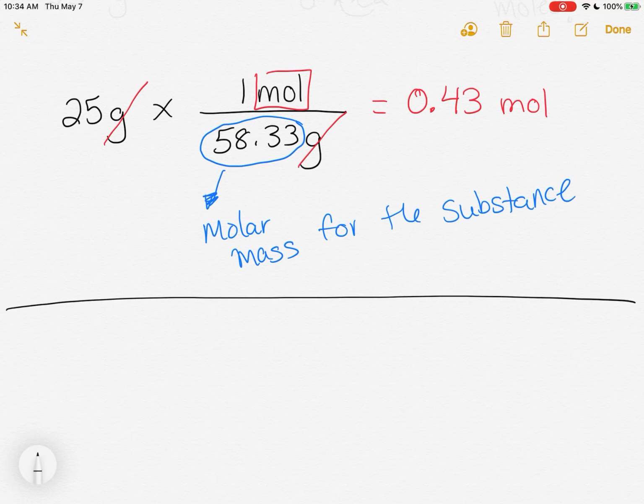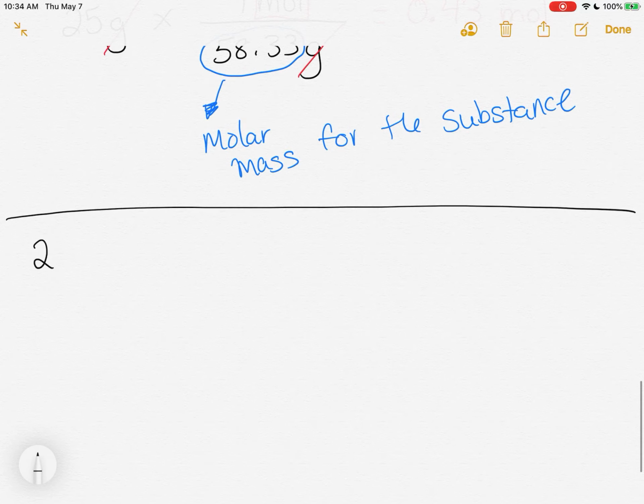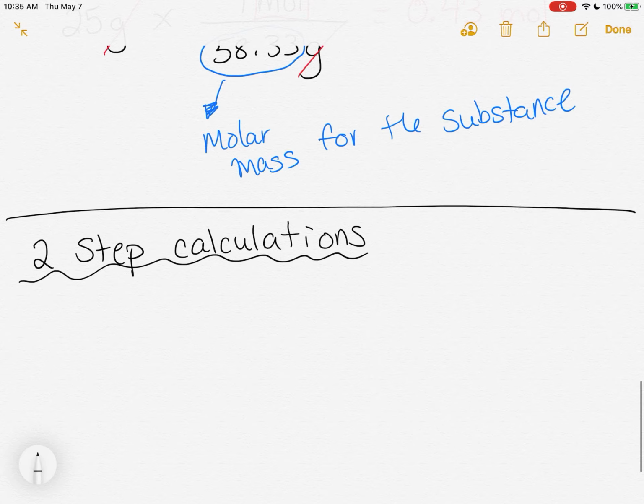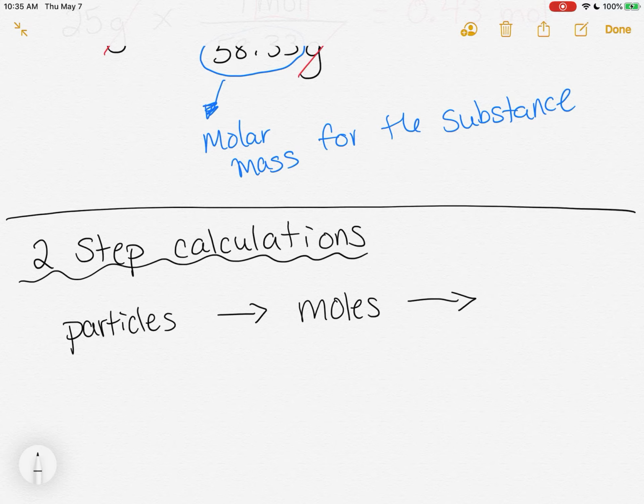All right, so we're gonna move on from there, and we are gonna look at doing some two-step calculations. So these two-step calculations, we are going to actually go from particles to moles, and then from moles to mass.